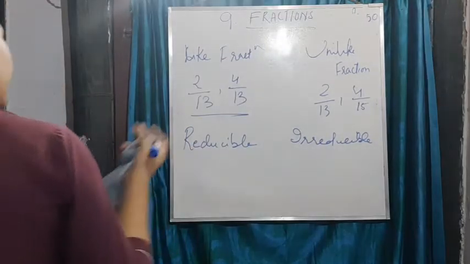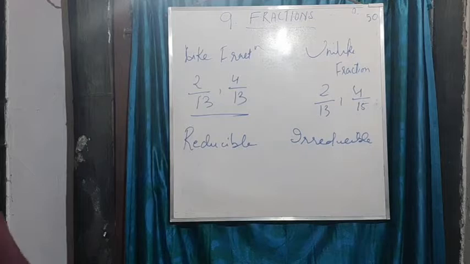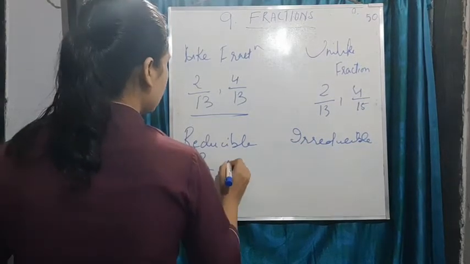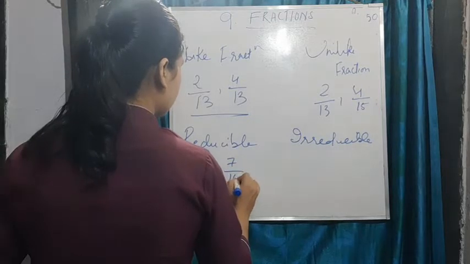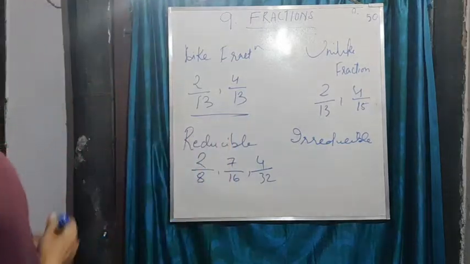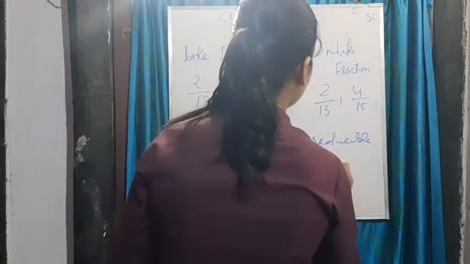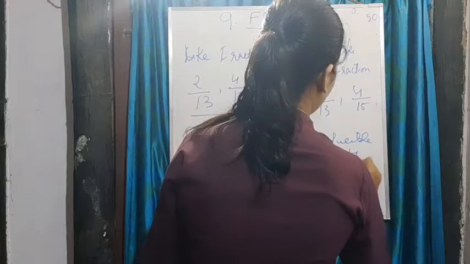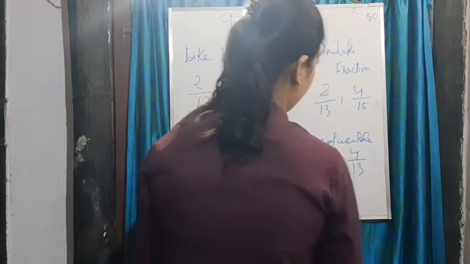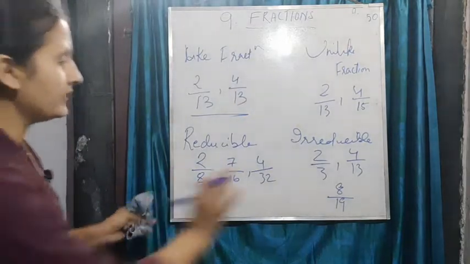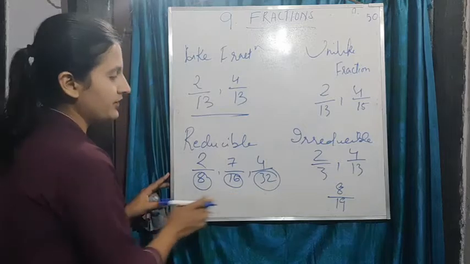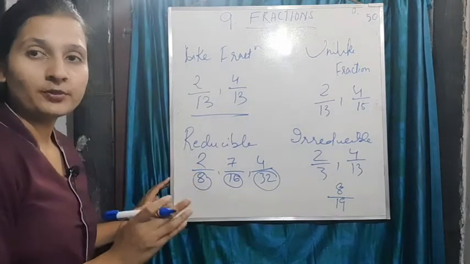In reducible fraction, for example, 2 by 8, then 7 by 16, 4 by 32, and the other one, say 2 by 3, 4 by 13, 8 by 19. What we can see here, just look at these denominators. These denominators have more than one common factor.